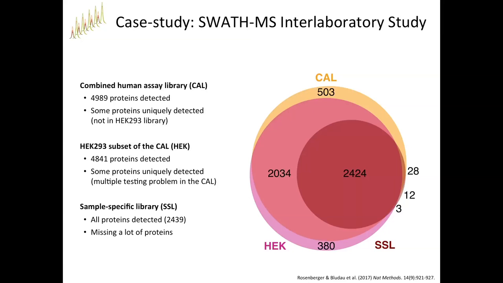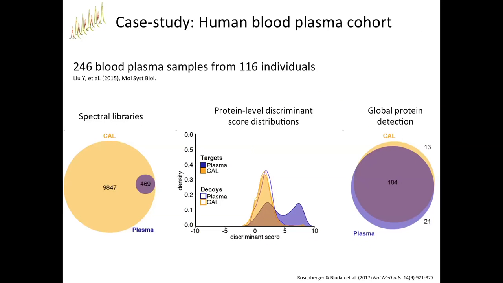in the data set. So another example, which is probably a little bit more striking, is an application to the human blood plasma cohort, including 246 blood plasma samples of 116 individuals. And we analyzed this data set with both the combined human assay library and the plasma-specific library.